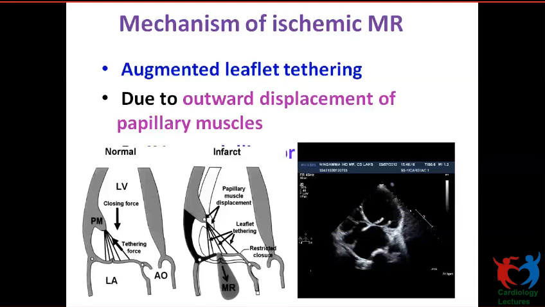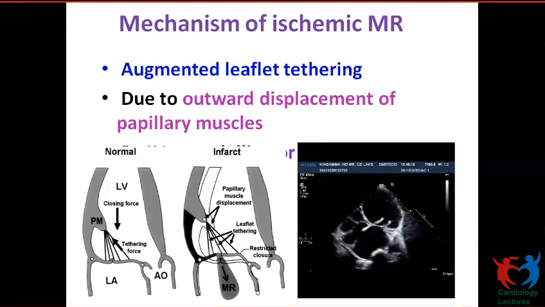Prolapse is when the leaflet body projects into the LA more than 2 mm above the coaptation line, and flail is when the tip of the mitral leaflet faces the LA, doesn't face the LV. So it is freely mobile because of a tear, either chordal tear or papillary muscle rupture, as we saw in the previous case. So it freely moves into the LA. There is no control. Whereas in prolapse only the body buckles. The tip is still looking at the LV. That is type 2.